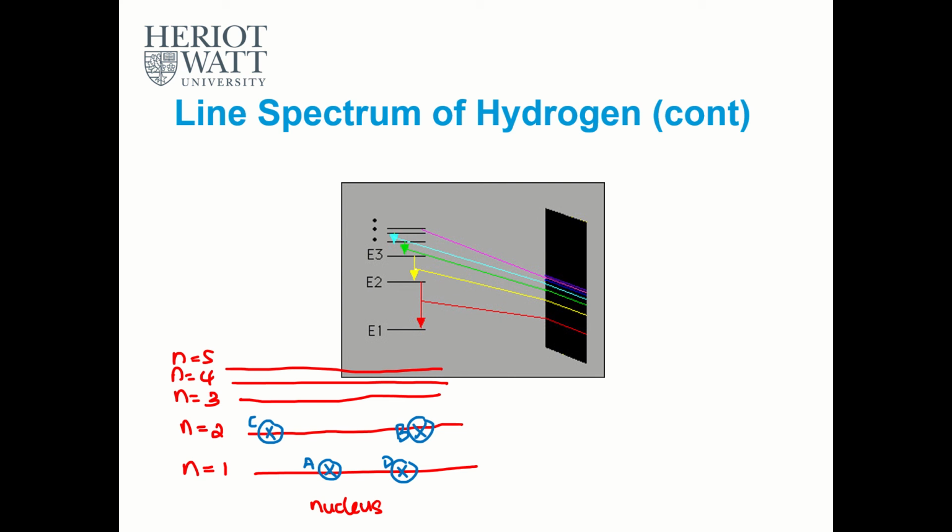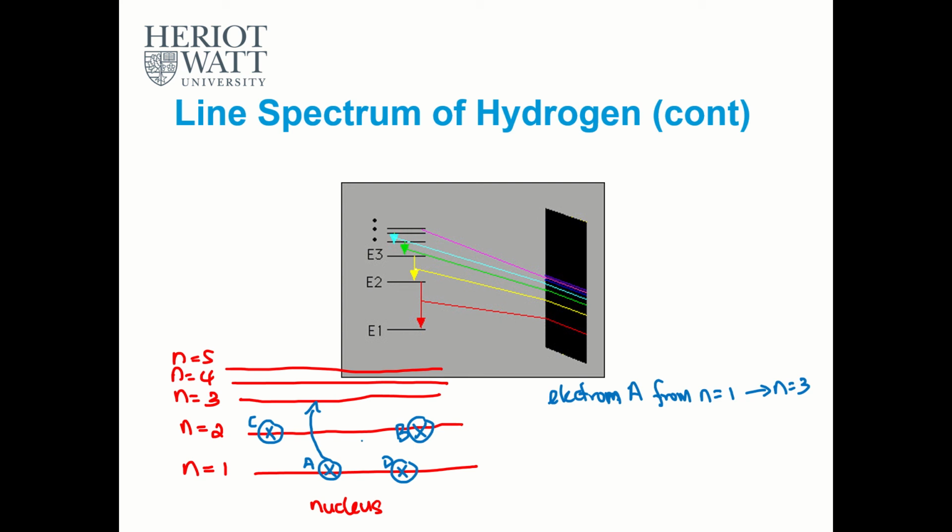They absorb energy, right? Let's focus on electron A. Electron A jumps from n equals 1 to n equals 3.